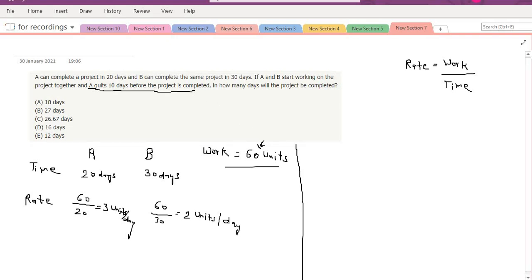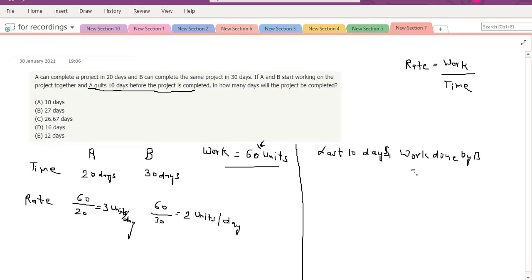Since A quit 10 days before the project is completed, how much work will be done by B in the last 10 days?